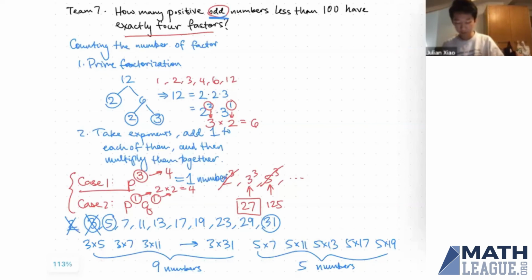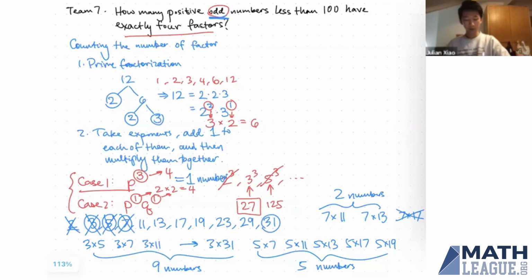All right, looking good so far. And what if our smallest prime factor was 7? In this case, 7 is going to have 7 times 11 and 7 times 13. And 7 times 17 is more than 100, so we don't count that. So when 7 is the smallest prime, then there are 2 numbers.